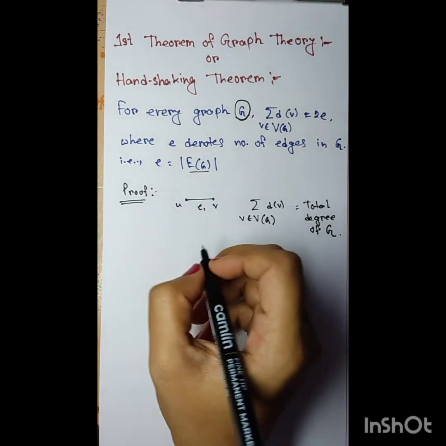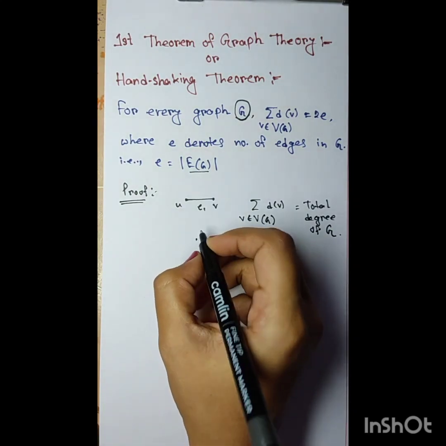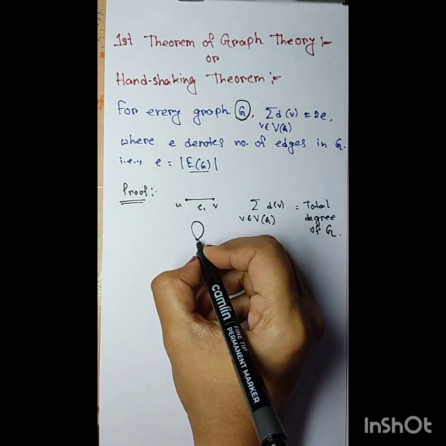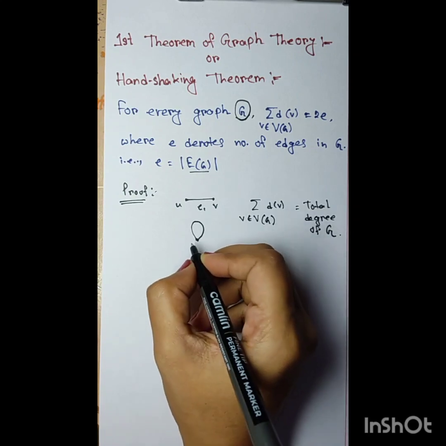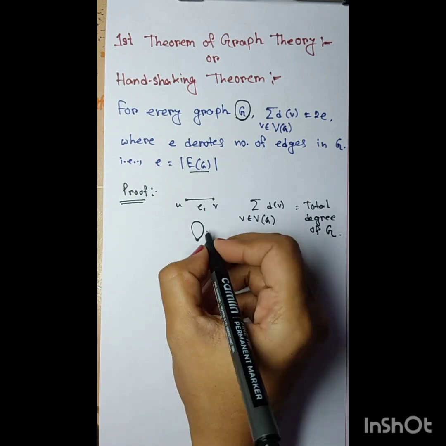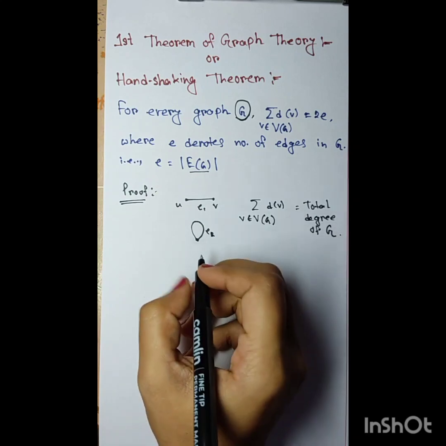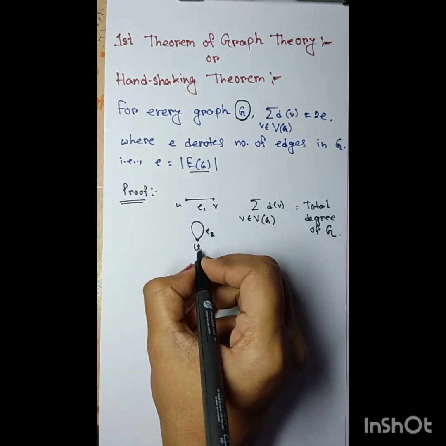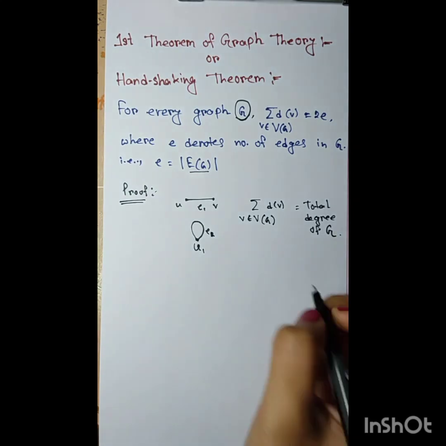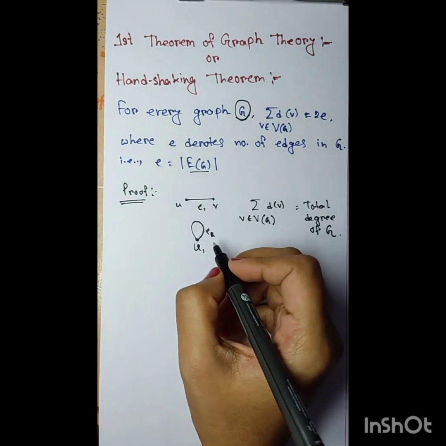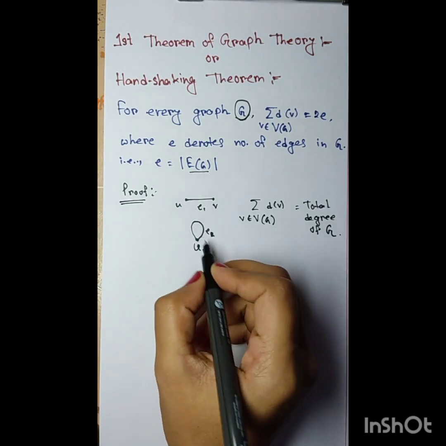Also, if we consider a loop, there is only one vertex associated with this loop. If we call this loop E2 and this vertex U1, then it will also contribute degree 2 to this single vertex.